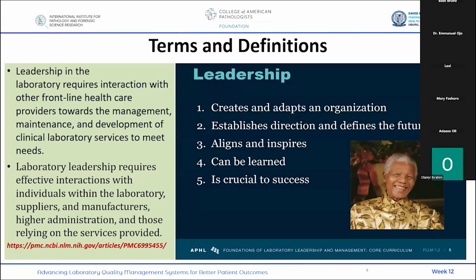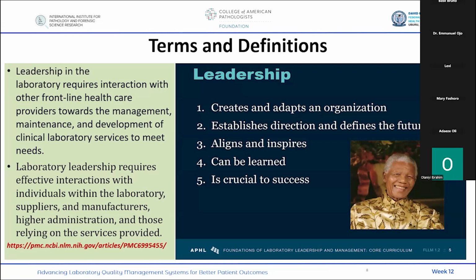Then still defining leadership. I got this from an article online, and this has to do with leadership in the lab. And this author says it requires interaction with other frontline healthcare providers. So that is talking about teamwork towards the management, maintenance, and development of clinical lab services to meet needs.